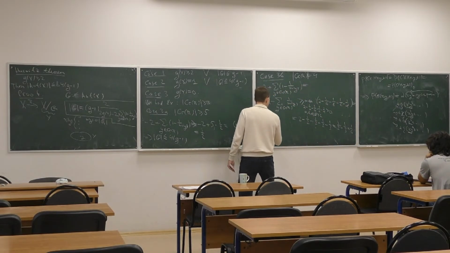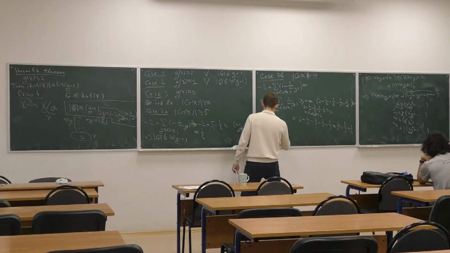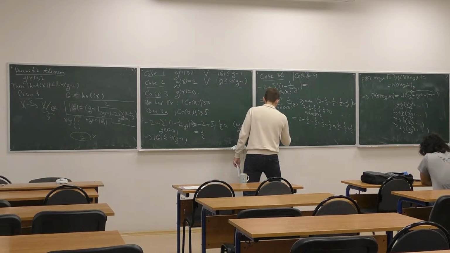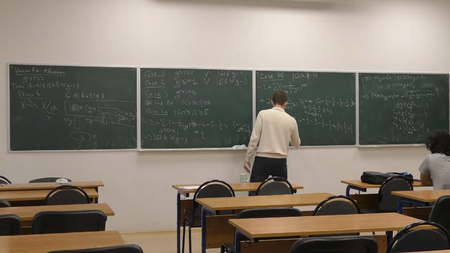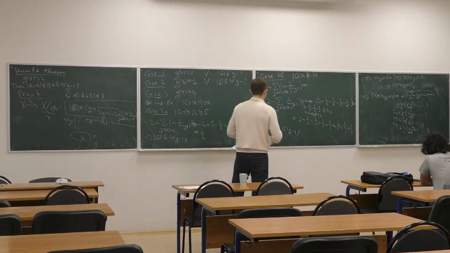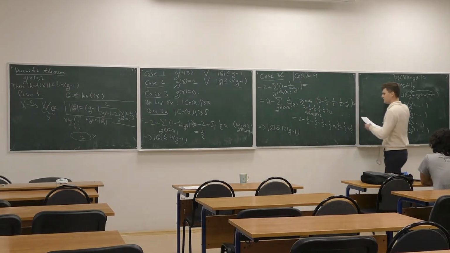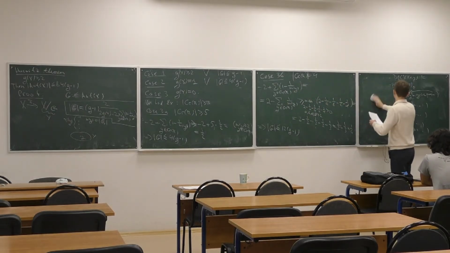And this implies that in this case the order of the automorphism group is less or equal than 12g minus 1. Okay, and then we have the most interesting case.